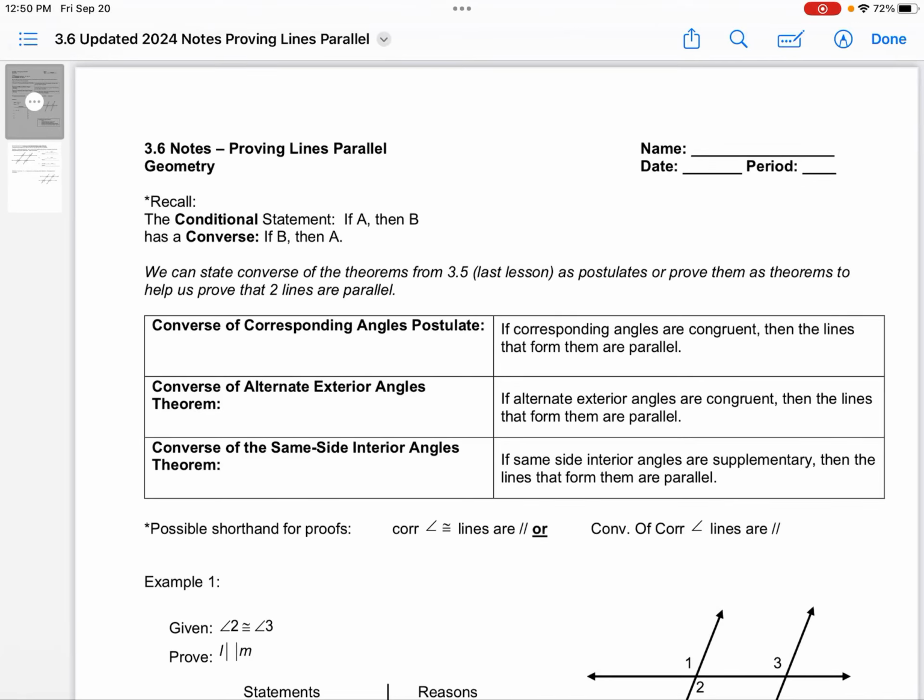Okay, 3.6, we're going to talk about parallel lines, and we're going to use our transversals that we did before, right? And we're going to use all those lines that we talked about where we made the conditional statements in 3.5. We're going to write the converses for 3.6.